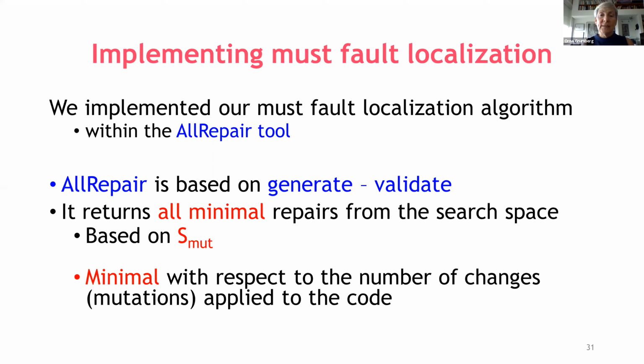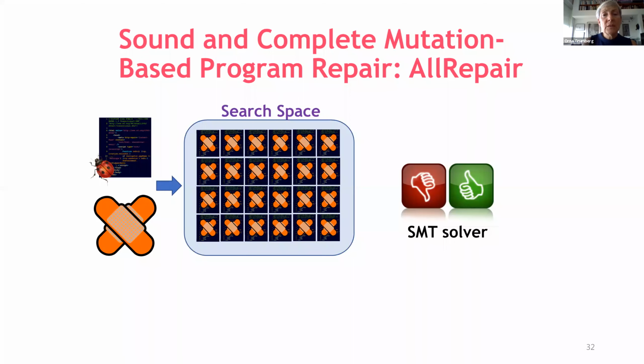AllRepair is based on generate and validate, and it returns all minimal repairs from the search space based on mutations. And minimality is with respect to the number of changes, or we call them mutations, applied to the code. So here is how it works.